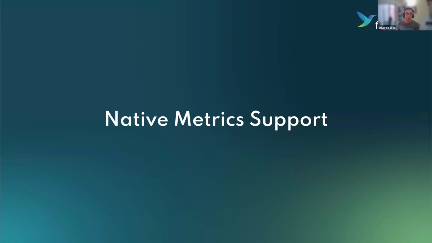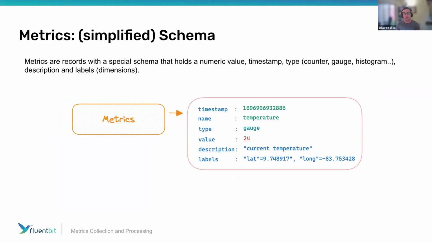Two years ago, we got native metric support. What this means: when we have logs, they have a structure, but they don't have a schema, right? They're very flexible. Whatever the ingestion is, like an input plugin or a remote endpoint, you will get key value pairs, and you can have nested labels.